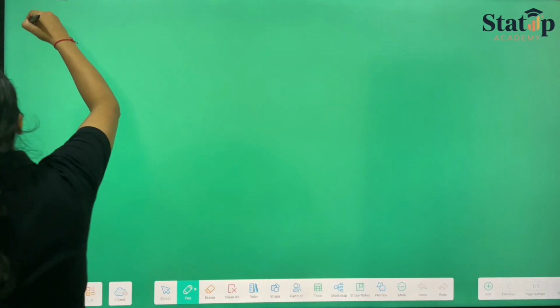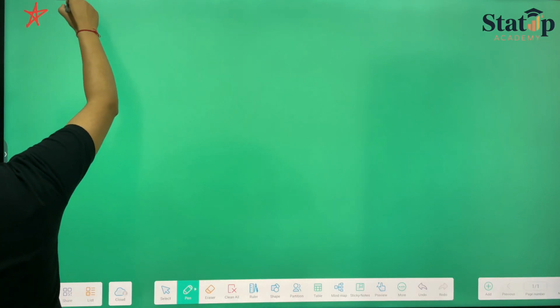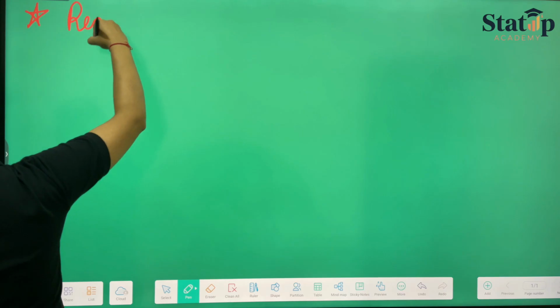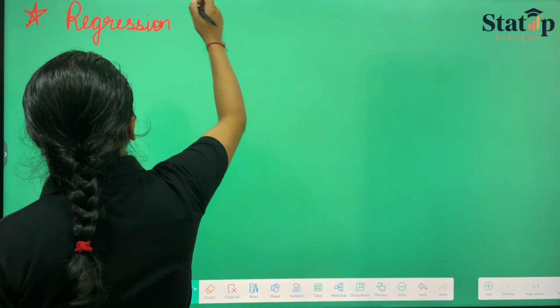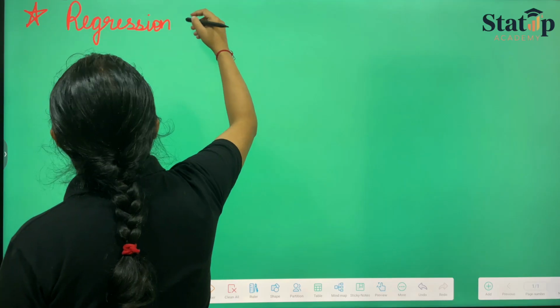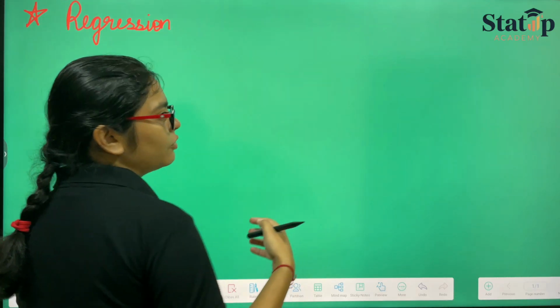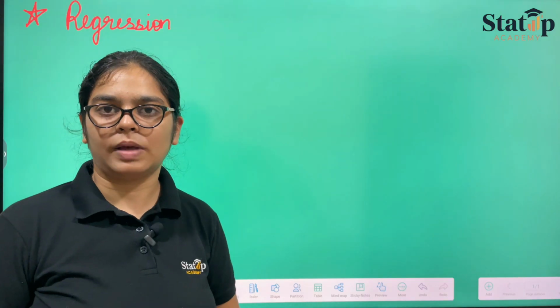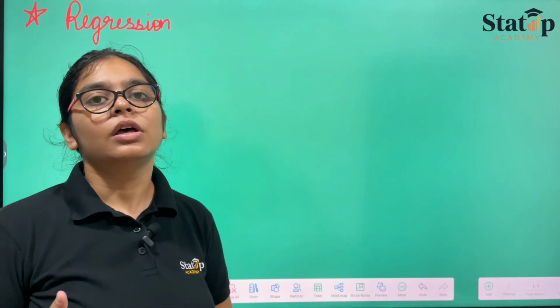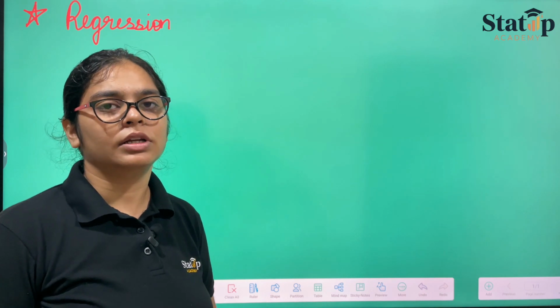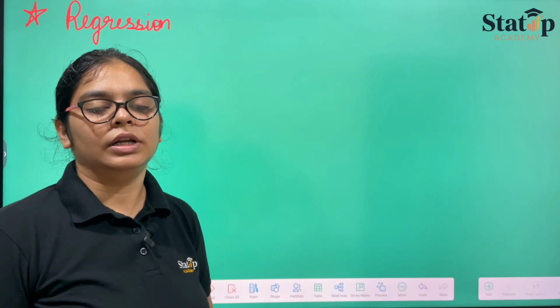So, why do we use double sampling? We use double sampling when our auxiliary variable is also unknown. In single sampling, we have two variables: one is the study variable, which is y, and the other is the auxiliary variable, on which the study variable depends, or the study variable and auxiliary variable are correlated.